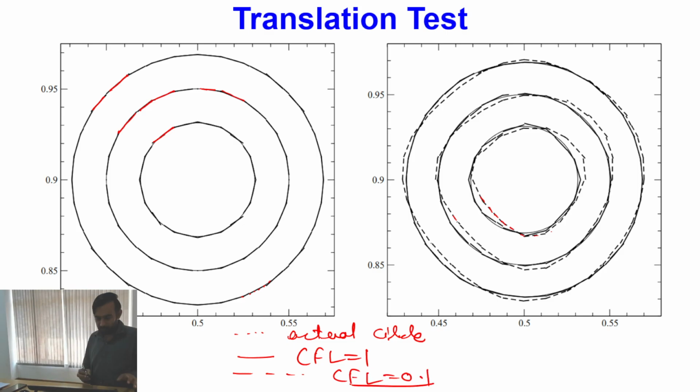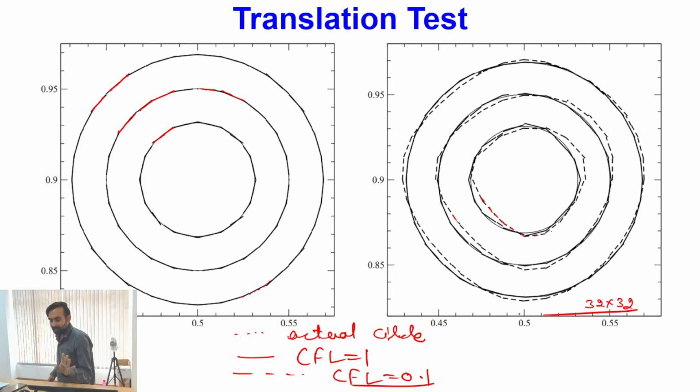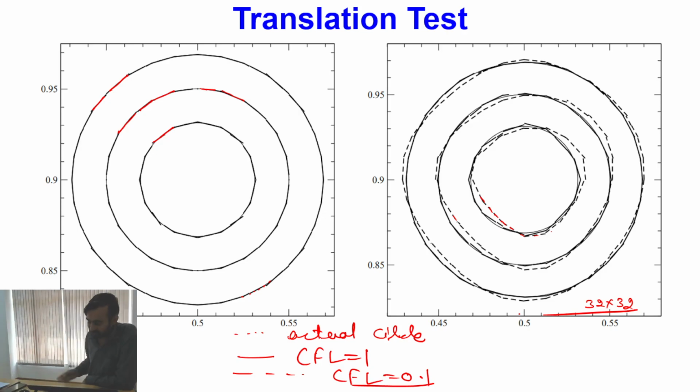The first photograph is for a grid count of 128 by 128 and the second is for 32 by 32. One point is clearly established: with a coarser mesh, the shape of the interface is more distorted in comparison to the finer mesh. Is this point clear? Another important point is that in the case of the coarser mesh, when the CFL number is maintained equal to 1, the lines are closer to the actual profile of the circle.